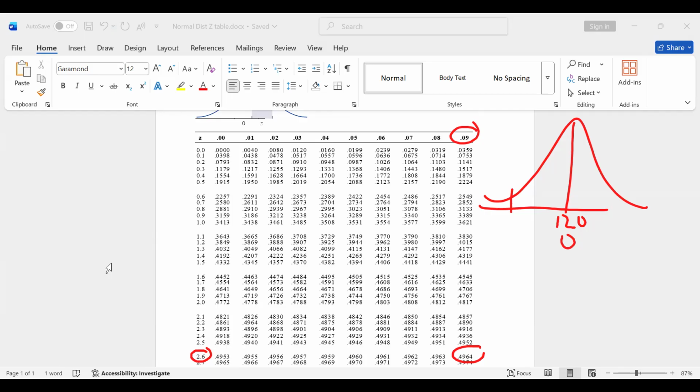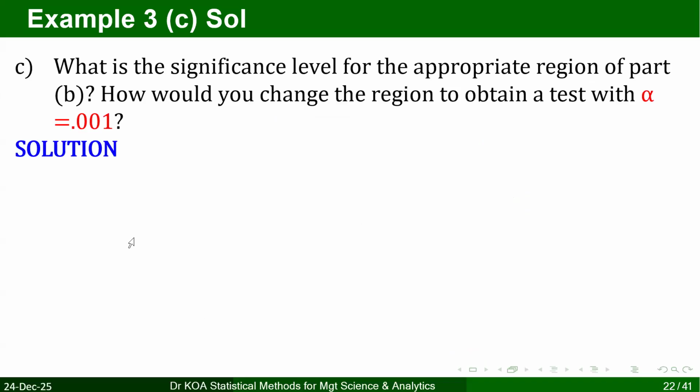No, this one is just, the question was asking you to find the probability. Okay, let me just go back here. It says, what is the significance level? So you just want the significance level. How do you find the significance level?